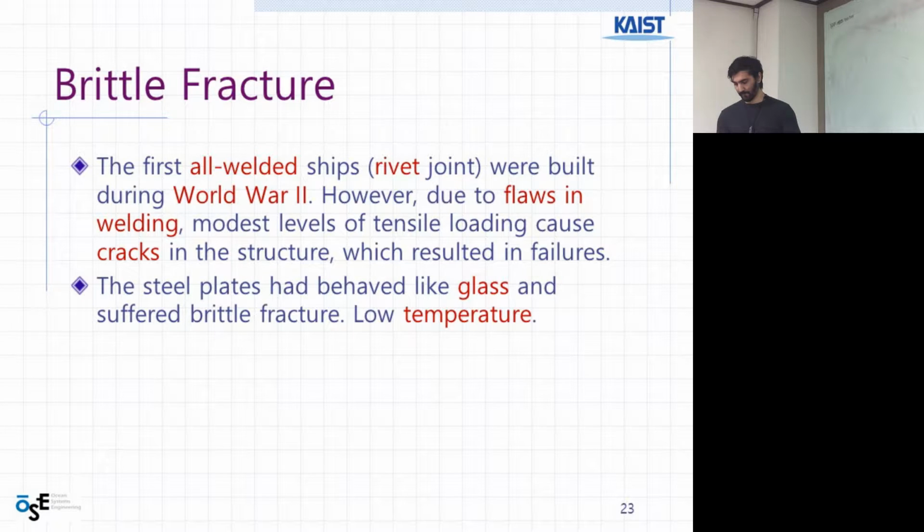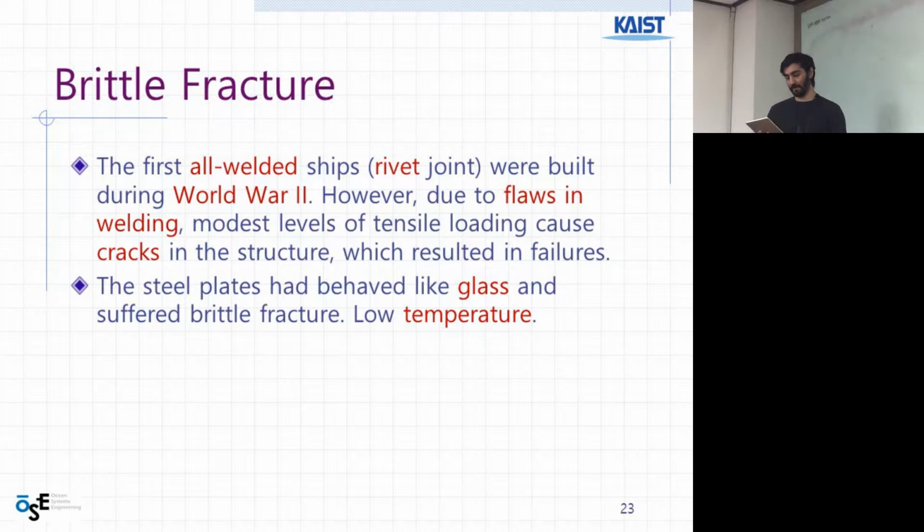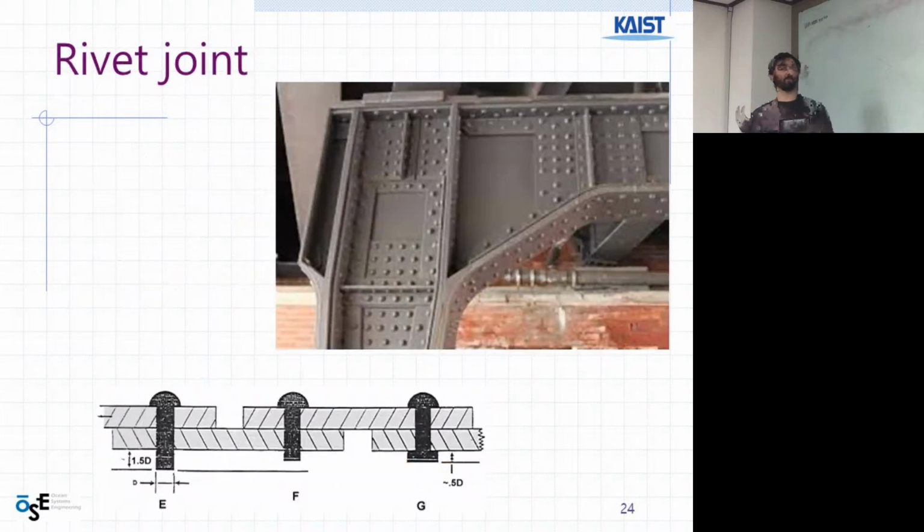Next, rivets. A rivet is a permanent mechanical fastener. Historically, the rivet was the most commonly used structure for ships, and it consists of a cylinder, where one end of the cylinder is the head, and the other end is called the tail.